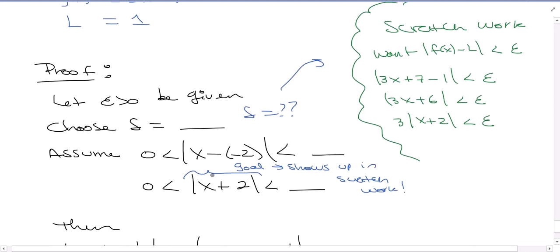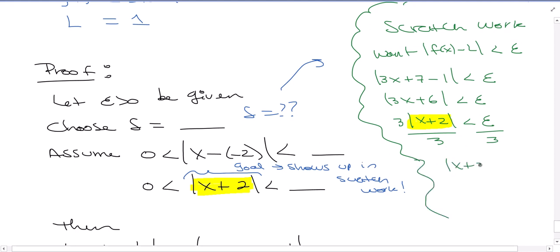And remember our goal, we want the x minus a to show up in our scratch work. And sure enough, there it is: absolute value of x plus 2, absolute value of x plus 2. But it's not by itself, so you need to get it by itself. So divide by 3. 3 is positive, so we don't have to worry about the inequality switching signs.